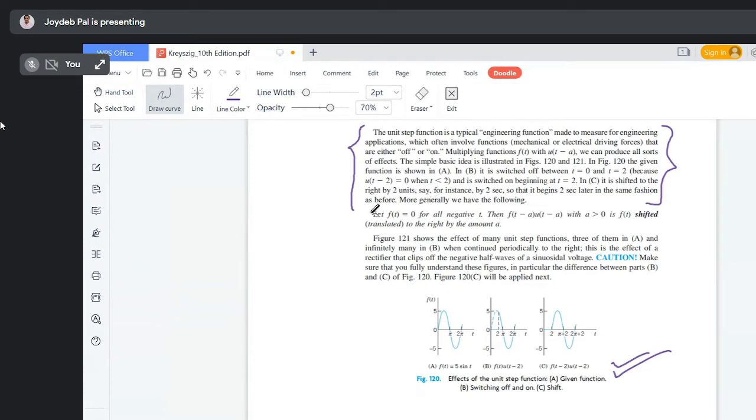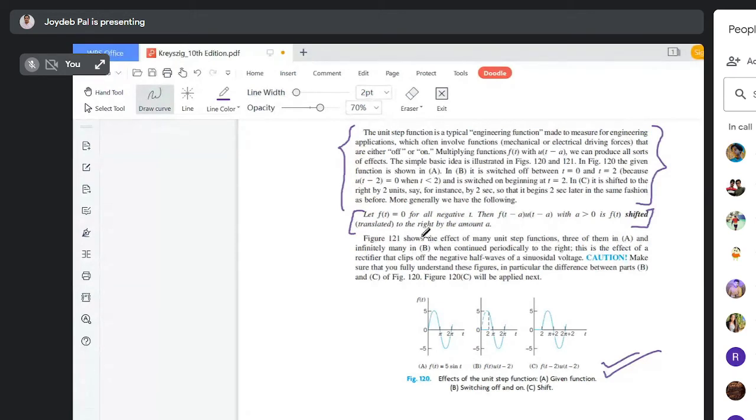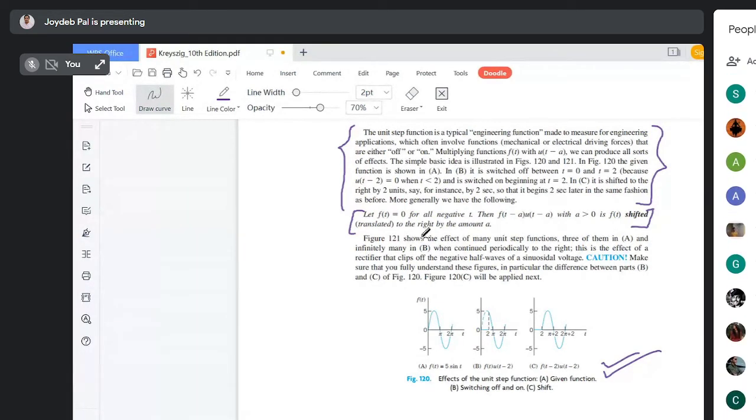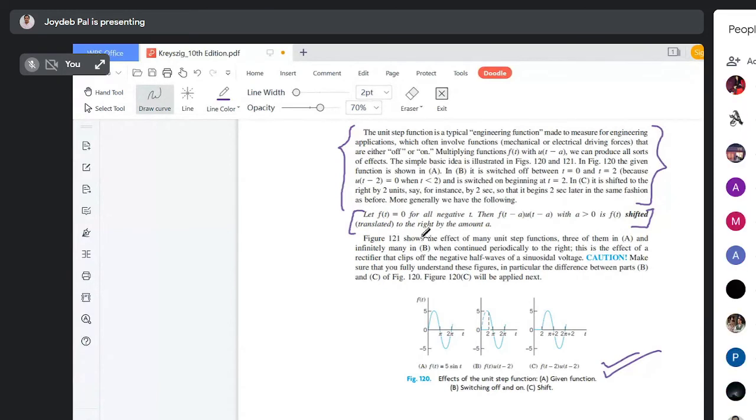And you can read this line also. Here it says that actually if a function is defined in the negative real axis, look, usually we take Laplace transform of a function which is defined in positive real axis. Now if a function is defined in negative real axis, then how can we take its Laplace transform?